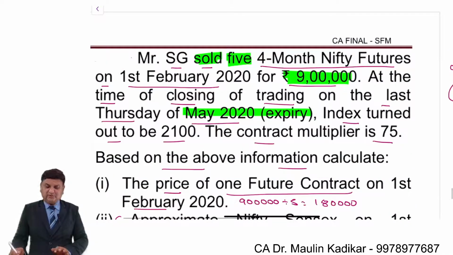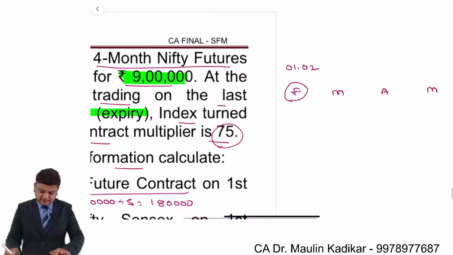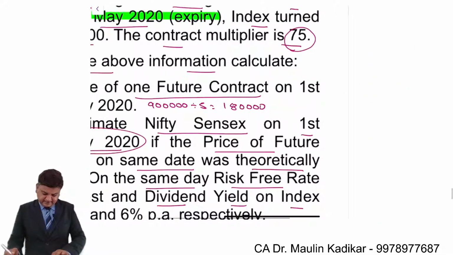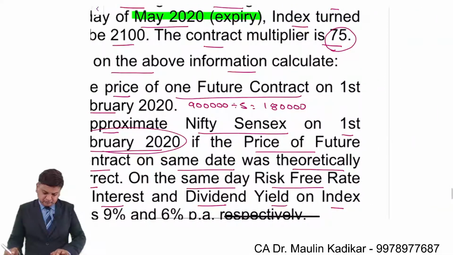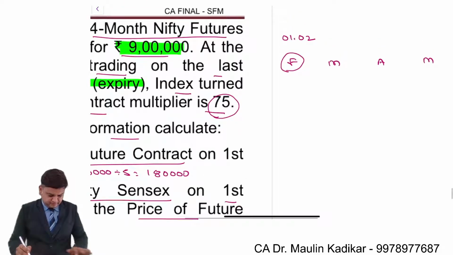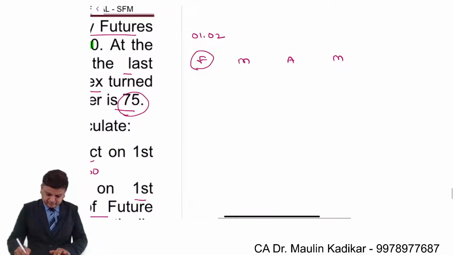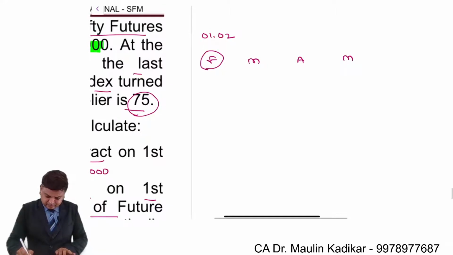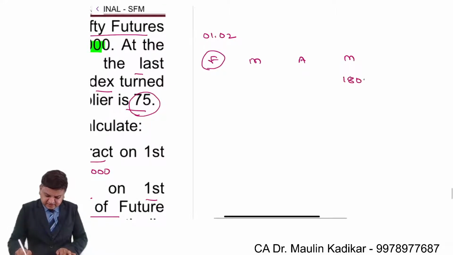Okay. So we understand something like this, that the multiplier is 75. So over here, 1,80,000 upon 75.